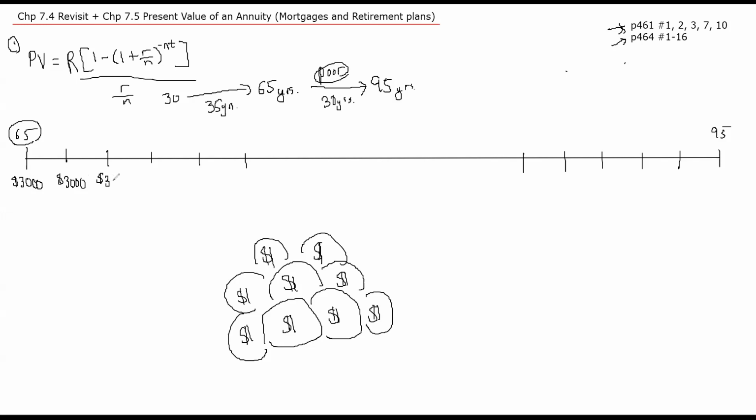I want the bank to give me another 3,000 every single month until I get to the very last month where I'm assuming that I'm going to sort of move on from the world after that time. So 30 times 12 months per year, that's basically going to be at my 360th month, I want $3,000. And this is my 0th month from retirement.